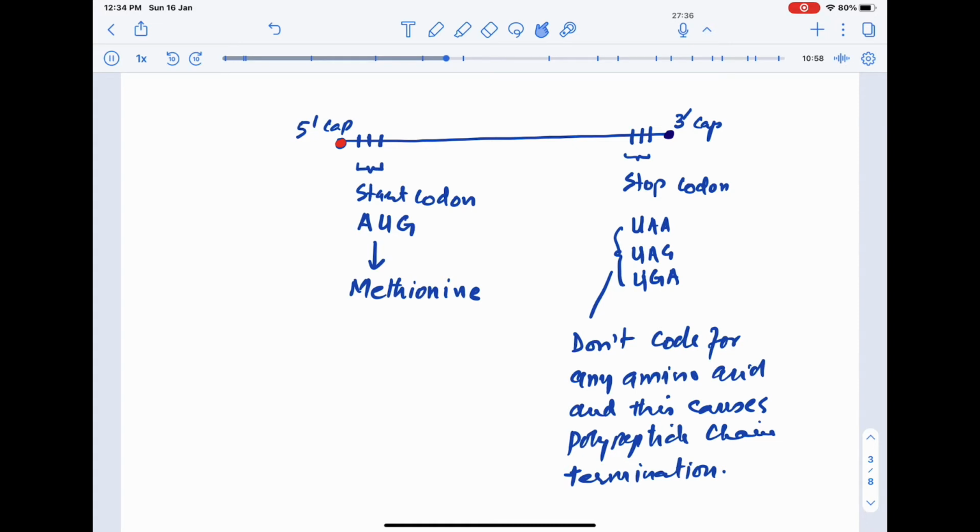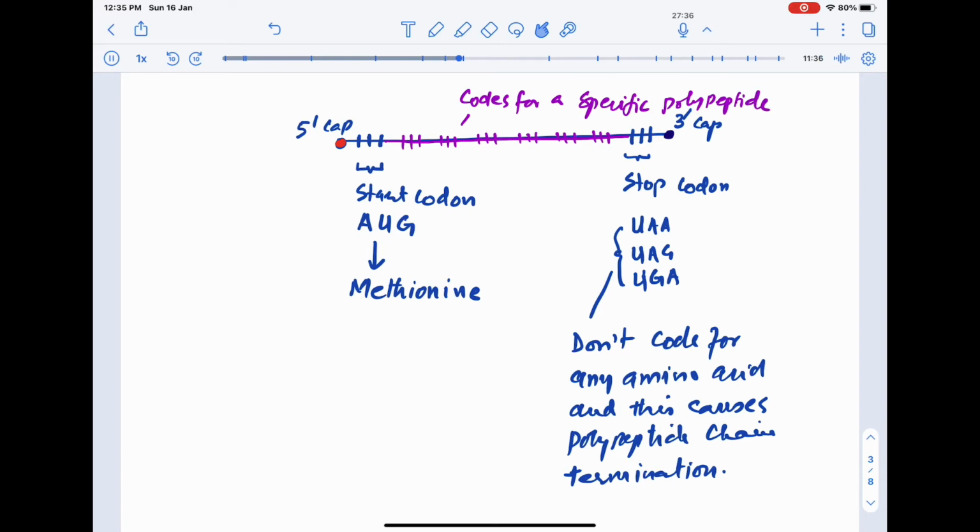The region between the start codon and stop codon includes the coded sequence of nucleotides or triplets, which is complementary to the coded sequence on the template DNA strand, and it codes for a specific polypeptide.